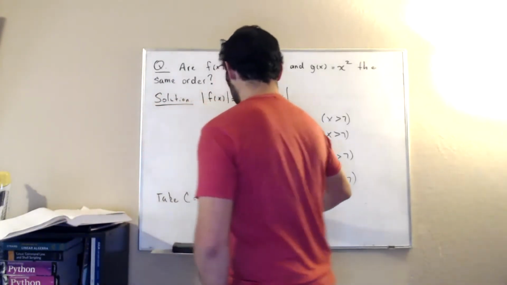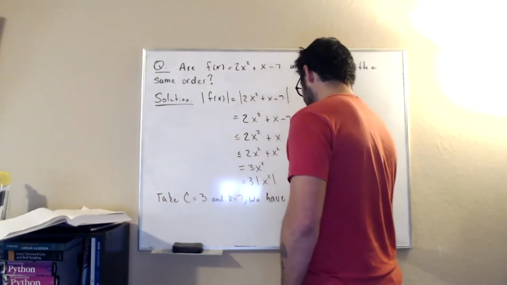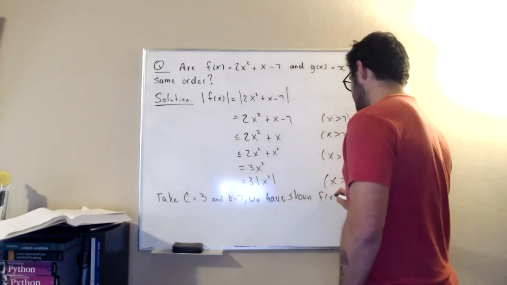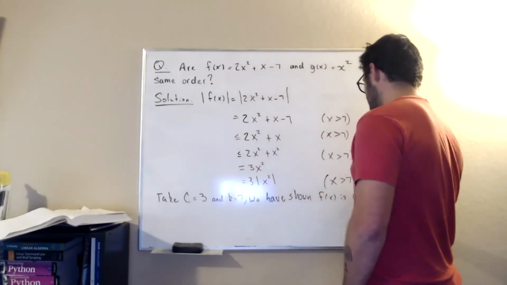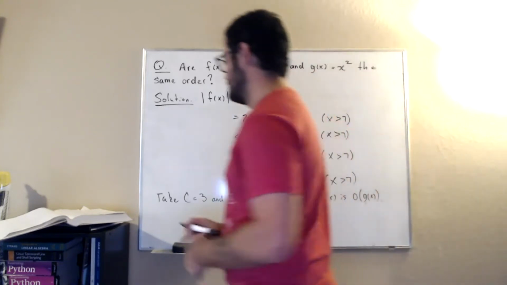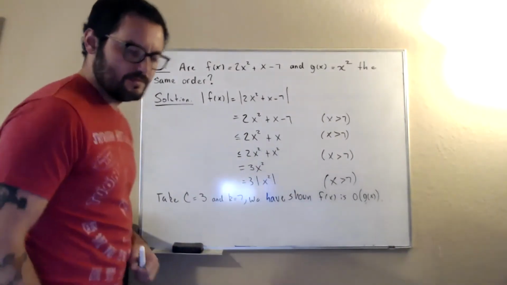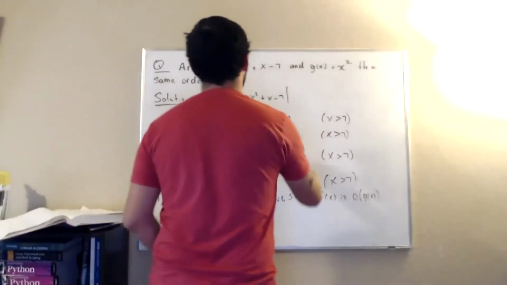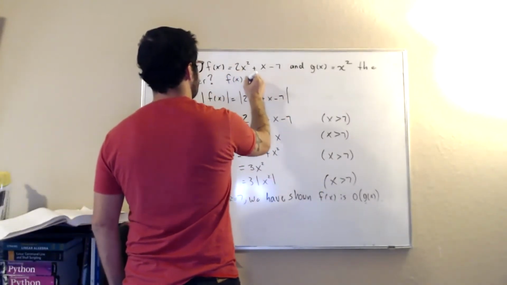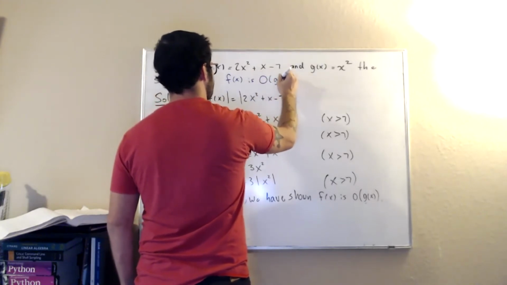We have shown f of x is big O of g. Let's just make note of that: f of x is big O of g of x.